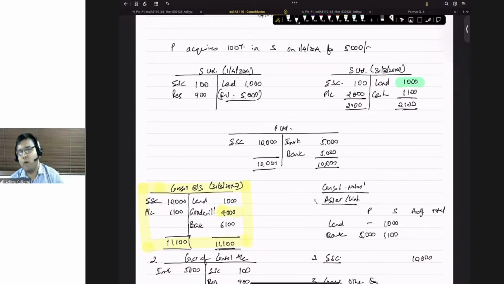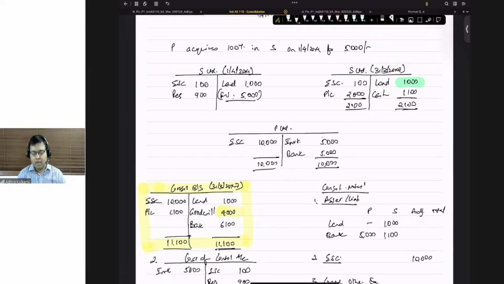See, Ind AS 110 is an extension of 103. It's not a replacement of 103. So whatever happens on the date of acquisition under 103, we keep that and then we extend the reporting in Ind AS 110. So 110 is not replacing 103, it is just bringing it forward.